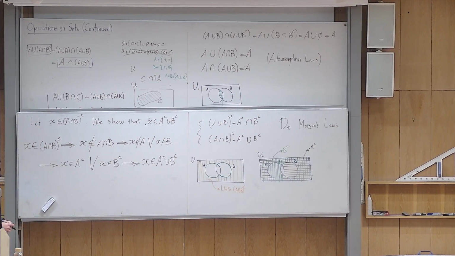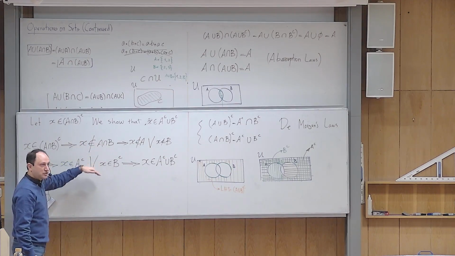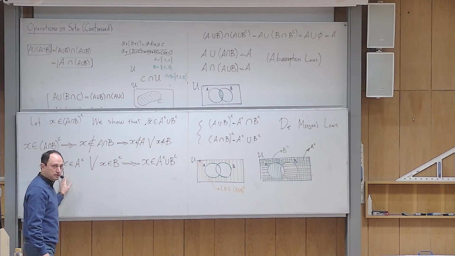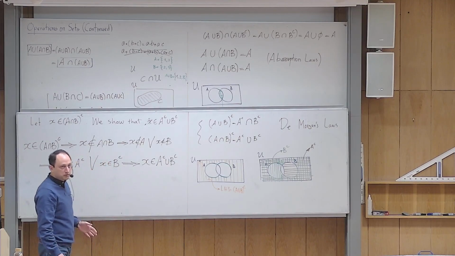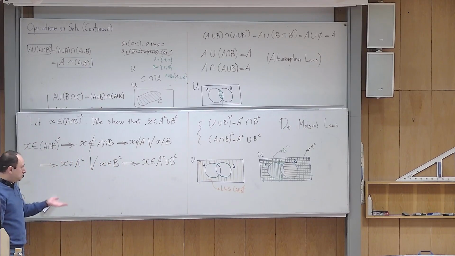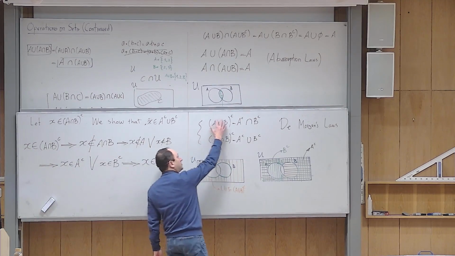Is that clear? So it means that I took an element from this set and I was able to convince myself, based on logic and based on definitions of intersection, union, and complement, that this X also belongs to this one. But is it finished? No, because I was able to convince myself everything here is there.